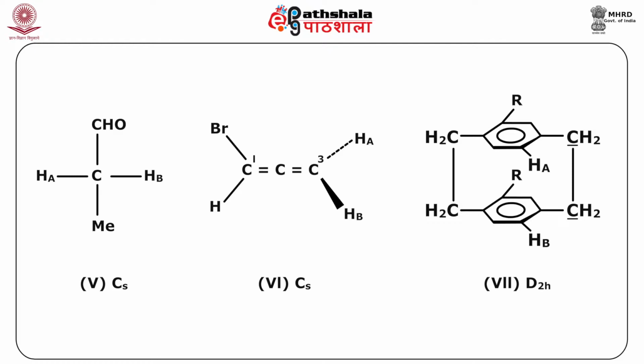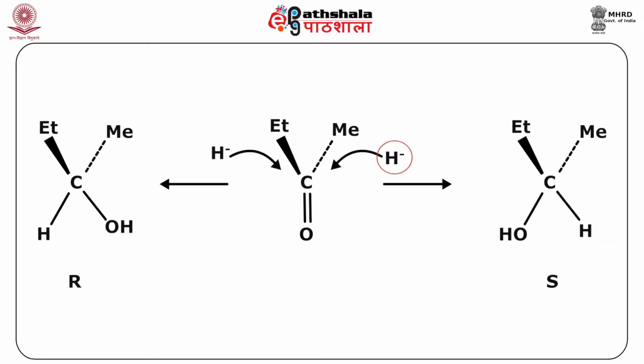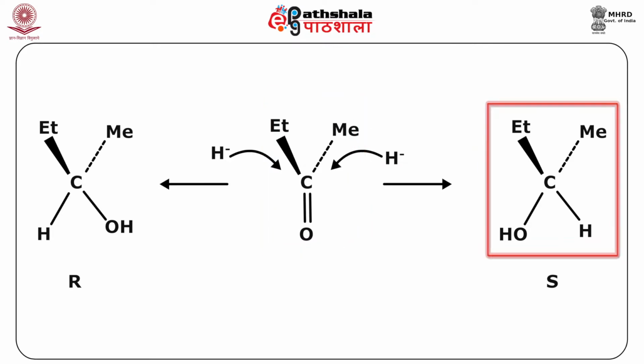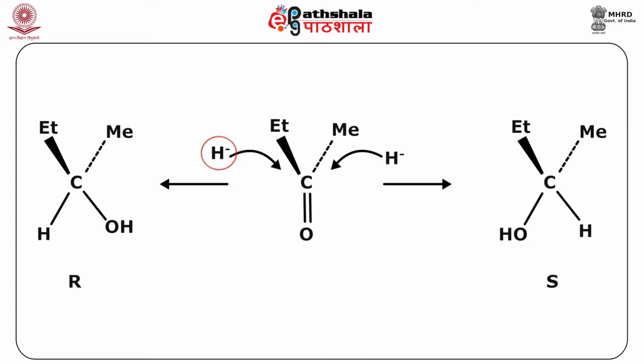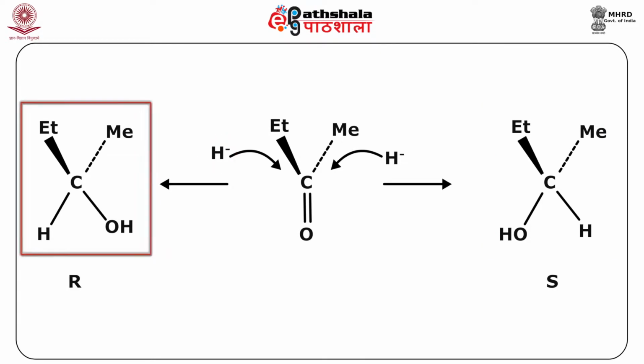Structures 5 to 7 provide a good example of a prochiral center, a prochiral axis and a prochiral plane respectively. Addition of hydride ion to the right face of ethyl methyl ketone, as shown in figure 6, gives the enantiomer S, while addition to the left face gives the enantiomer R, that is ethyl methyl carbinol, indicating that the two faces are enantiotopic.